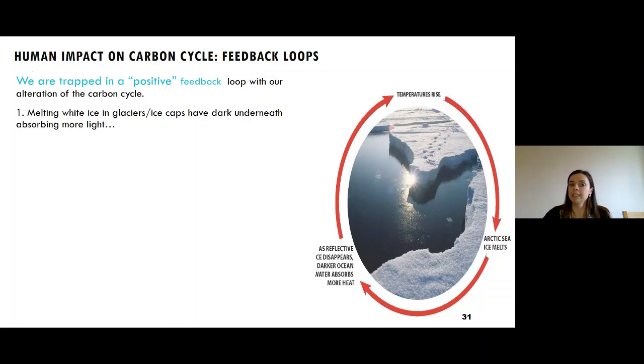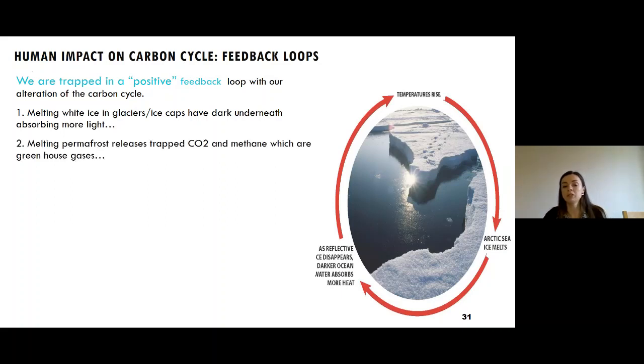Melting white ice in glaciers and ice caps reveals dark surfaces underneath, absorbing more light. Remember albedo? Apologies. A light surface has higher albedo and reflects the Sun's rays. Melting permafrost releases trapped CO2 and methane, which are greenhouse gases.